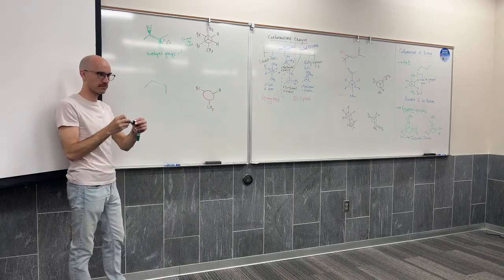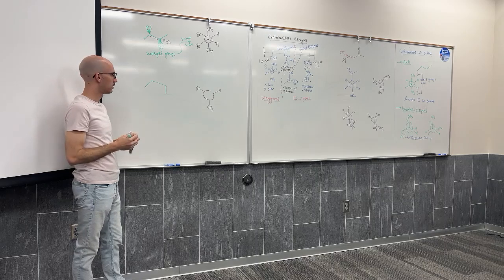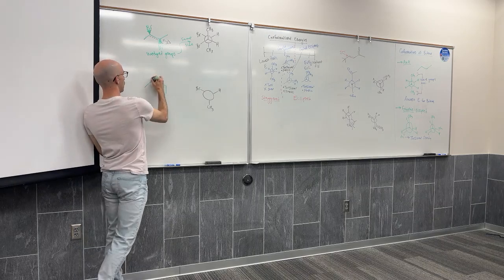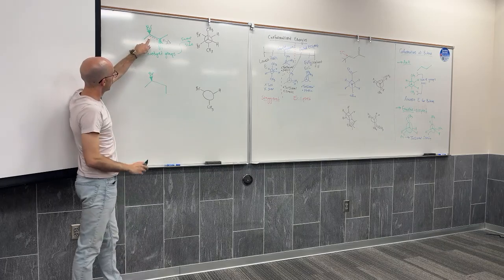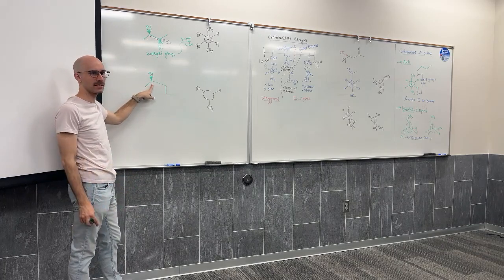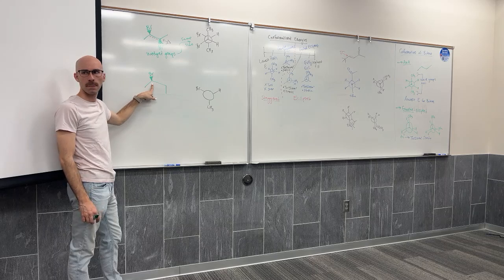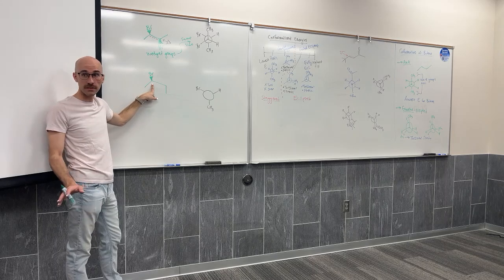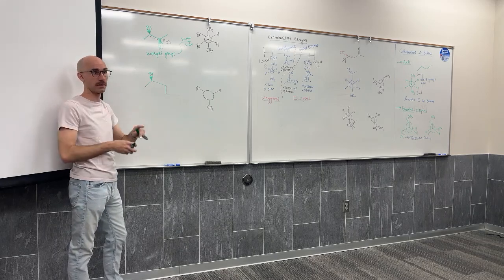Nothing's changing. Which means I can feel very confident that on this carbon that has not changed at all in space, its bromine is still wedged. Nothing has changed. I rotated the other carbon.